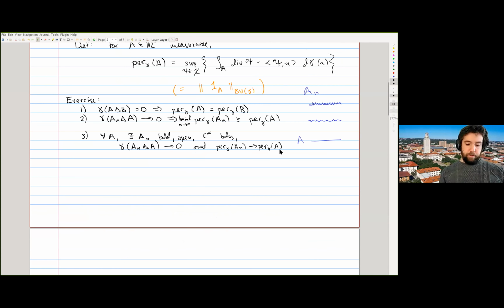So not every sequence: when you have a general sequence converging, the perimeters do not converge, but you can always approach any set with a sequence of converging very nice sets whose perimeters converge.